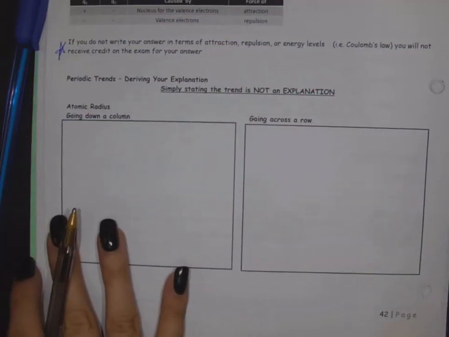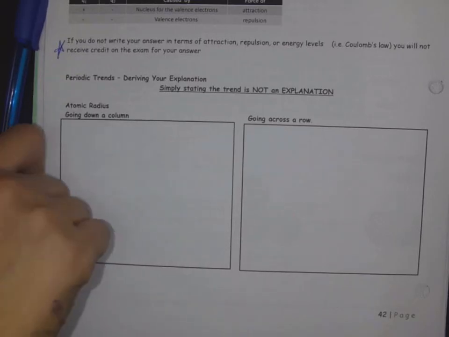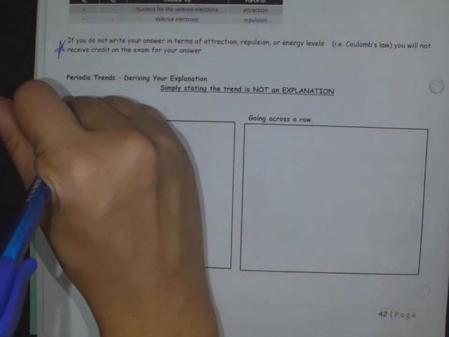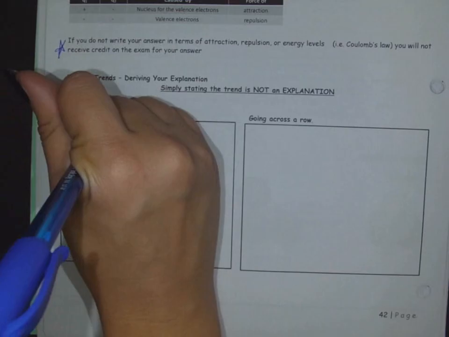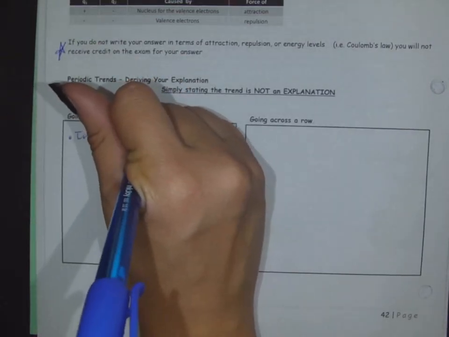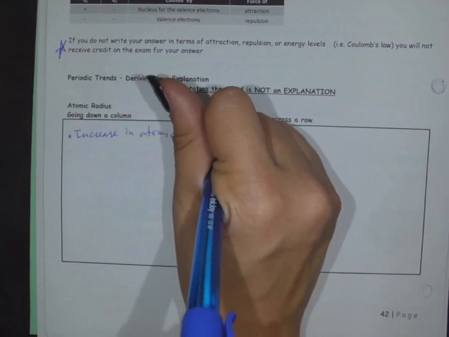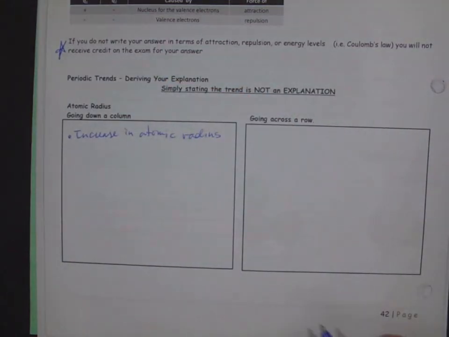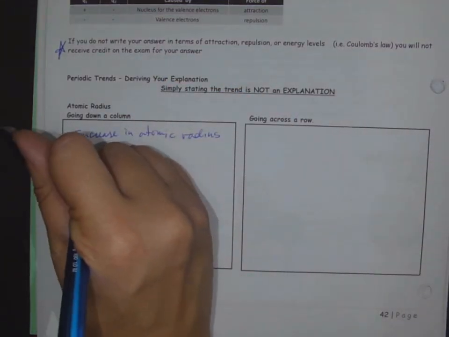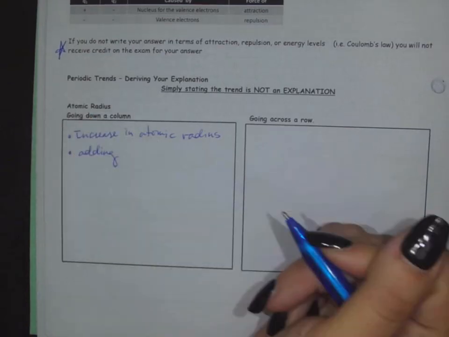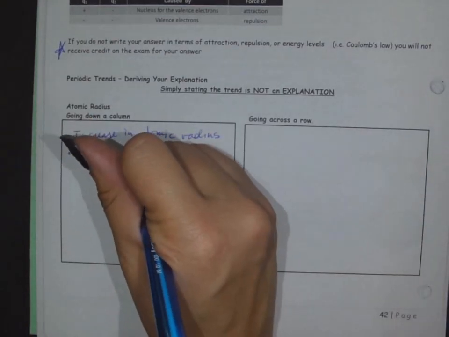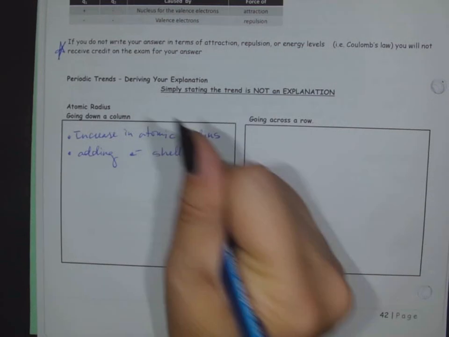So as we go down a column, we increase in atomic radius. And this is due to the fact that we are adding energy levels or adding electron shells.